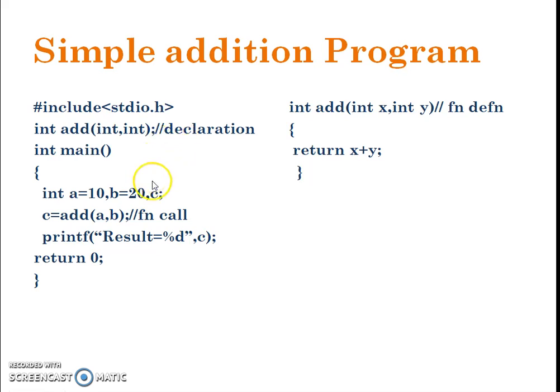Then our function call is available within the main function, or wherever we need that function, we can put our function call. The third part is the function definition, which contains my actual code. Here my task is to add two numbers. For adding the two numbers, I have a separate function. The function does the addition and gives the result back to the calling function.